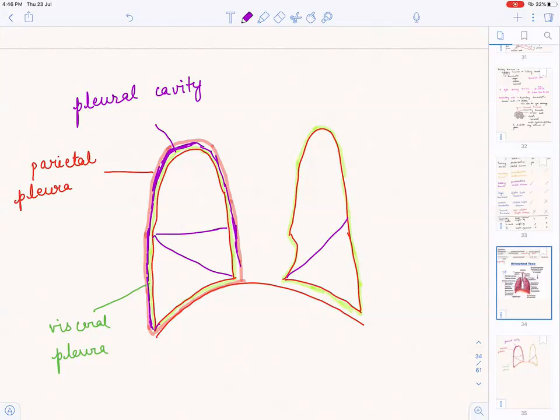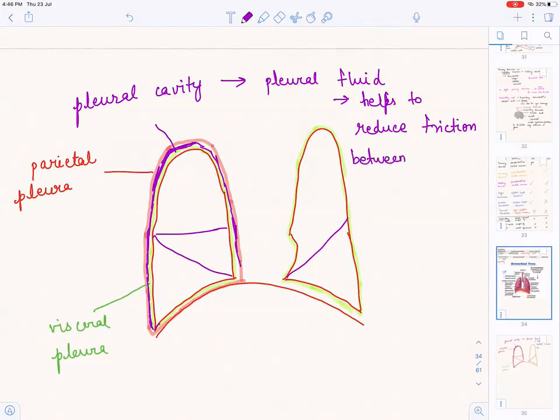And what does the pleural cavity have? Pleural cavity has pleural fluid. And what does the pleural fluid do? The pleural fluid helps to reduce friction between two layers. Which two layers? Parietal and visceral pleura. And what is the second thing that it is doing?